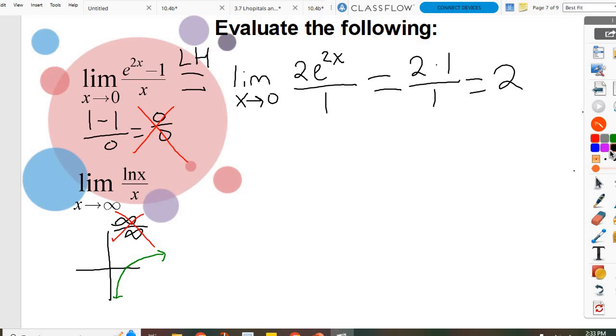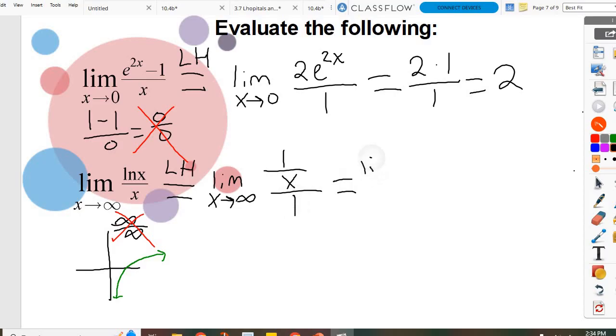So another good review here. So I am applying L'Hopital's rule. What is the derivative of the natural log of x? 1 over x. What's the derivative of x? 1.